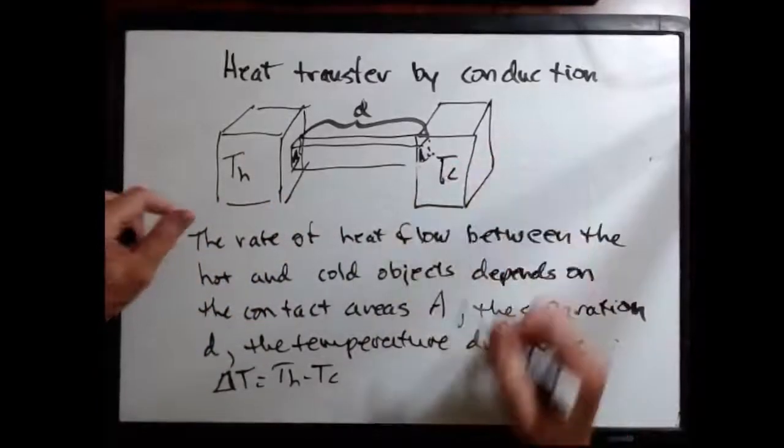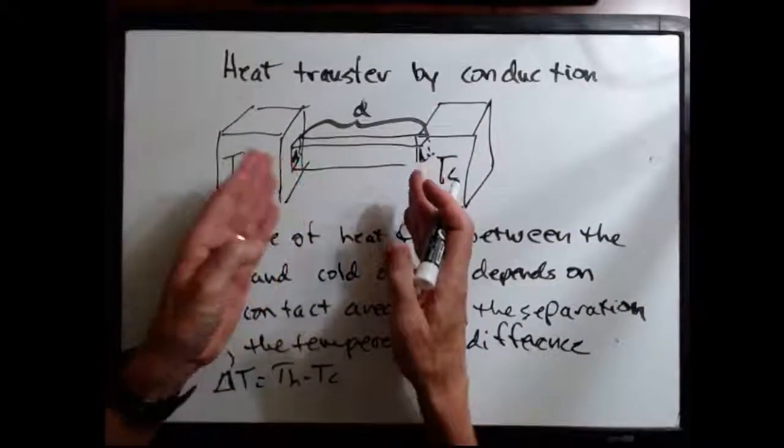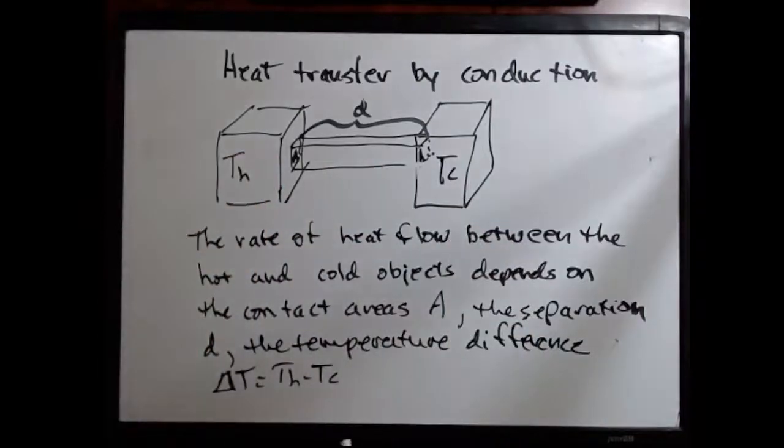If there's a big temperature difference, you get a faster heat flow rate. If there's a small temperature difference, you get a low heat flow rate.